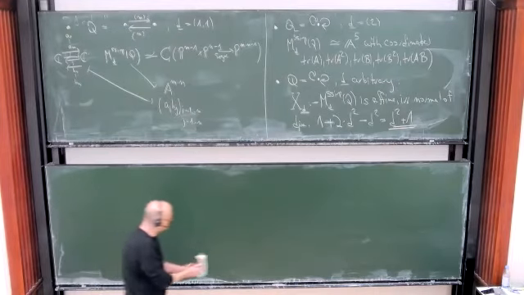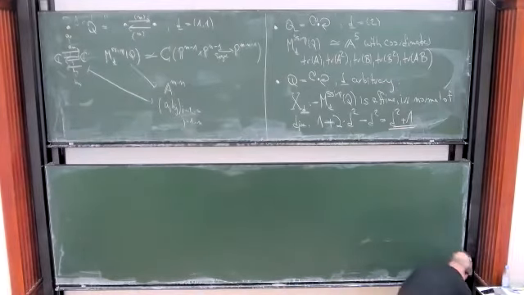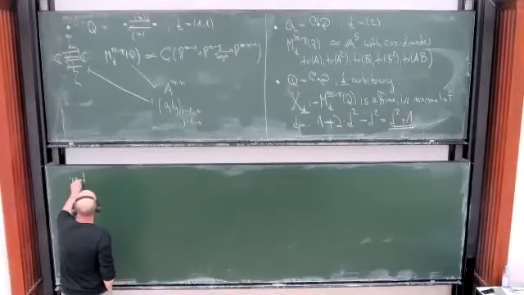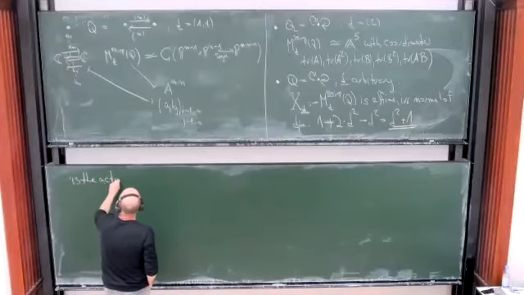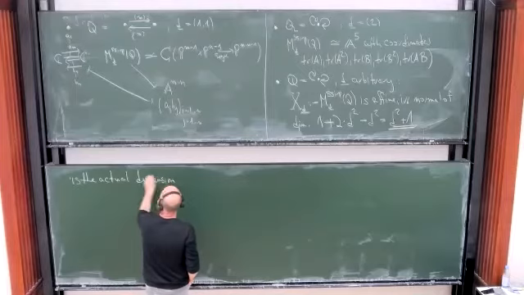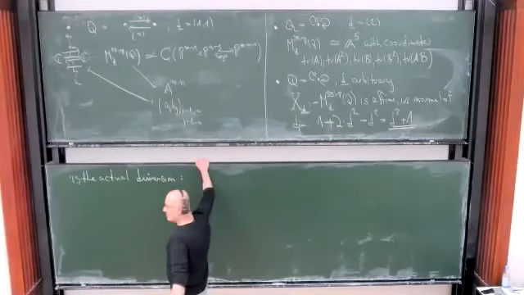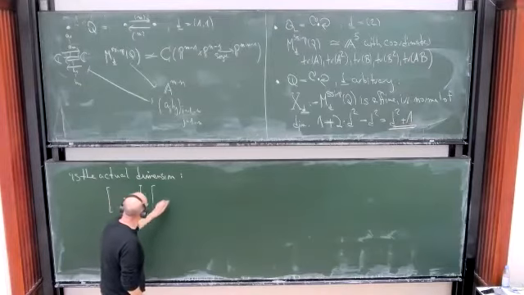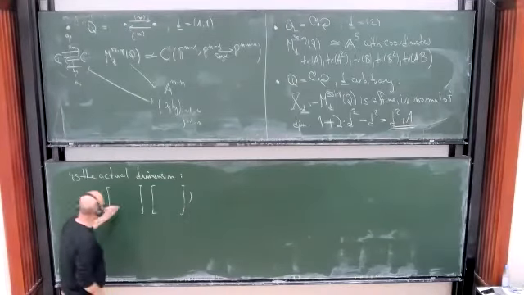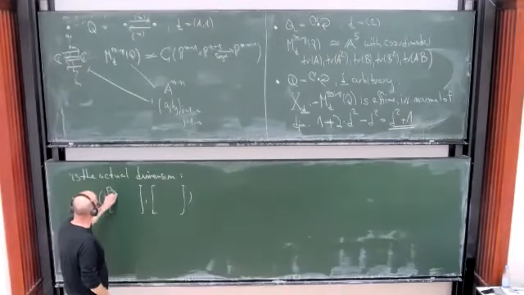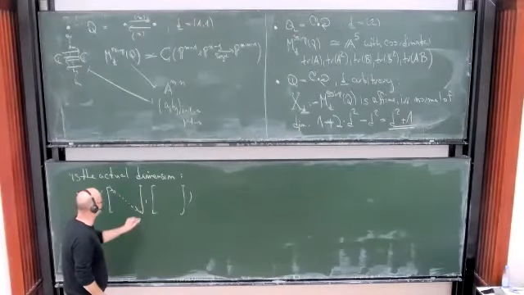So this is the expected dimension. Let me continue by saying this is the actual dimension, because the following holds. Let me write down one pair of matrices. The first matrix you make as generic as possible. And we already know generic means diagonalizable.